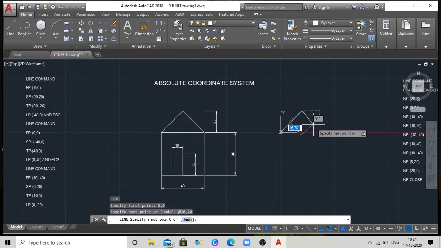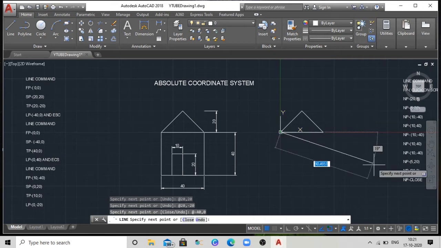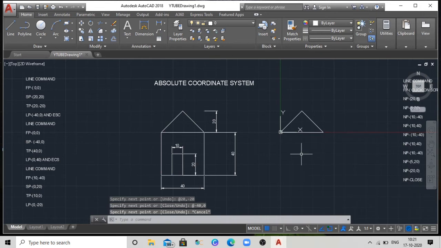We will take the third point equal to 20,-20. Here it came. And the last point equal to -40,0. Okay, and close.